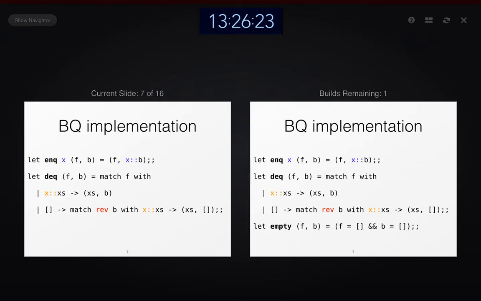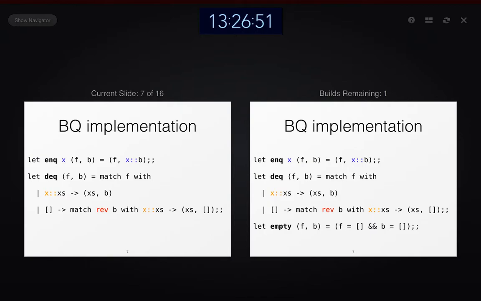Something that's more complicated is the case where the list is empty. So first we have to reverse the back list, and then we have to move it in front after we remove its head. So we have to do several things.